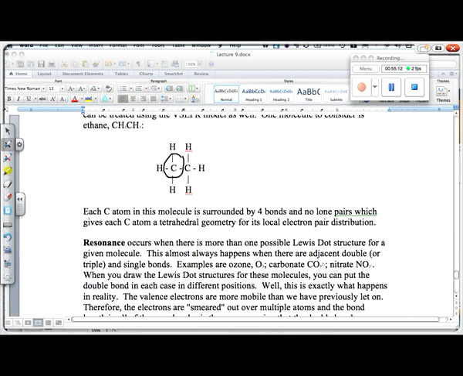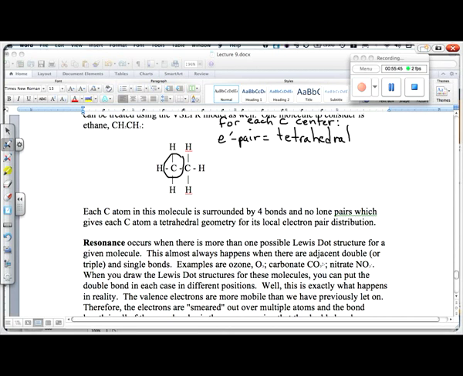Because there are no lone pairs, the electron pair geometry, of course, with a steric number of 4, is tetrahedral for each of those central atoms, and so is the shape. All right, so for each carbon center. That's how an organic chemist would think about it. So you just look at each central atom separately. All right.